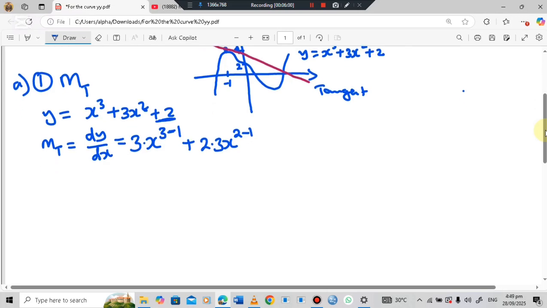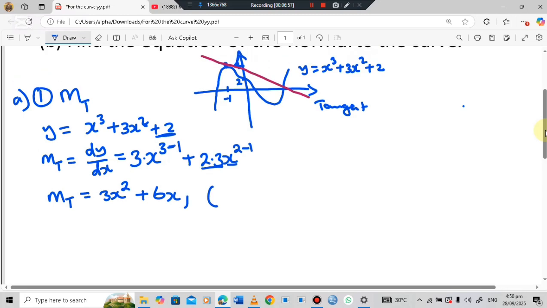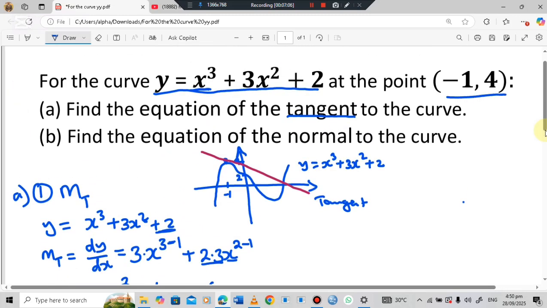So we have mt is equal to 3 times x, so 3x, then 3 minus 1 is 2, so the whole of this becomes 3x squared. Then plus 2 times 3 is 6, then the variable x, 2 minus 1 is 1, so you have 6x to the power 1, but we just write it as 6x. Remember that the point we are dealing with is -1, 4, so the x value here is -1.